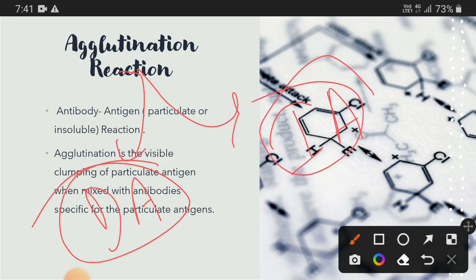In indirect agglutination, we are indirectly agglutinating soluble particles, for example viral protein, polysaccharide, or hapten. In that case we coat those antigens on the surface of an insoluble particle or cell, and as a result it leads to the formation of agglutination. That is indirect agglutination.